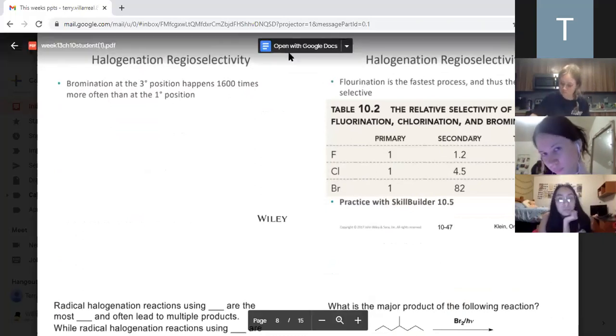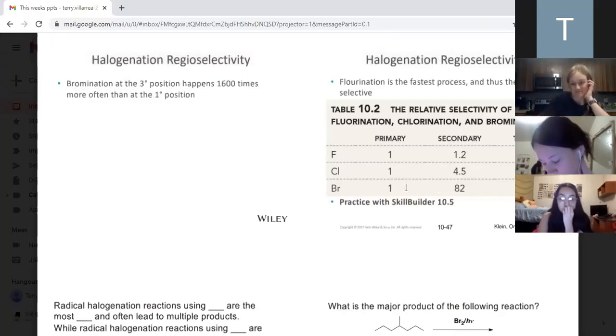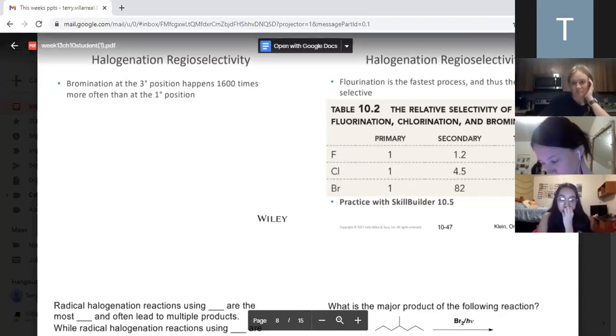All right, so now on the right side, this is the relative rate for fluorination, for chlorination, and then for bromination. So bromination happens so readily that a secondary carbon is 82 times more reactive than a primary, and a tertiary is 1600 times more reactive than a primary.